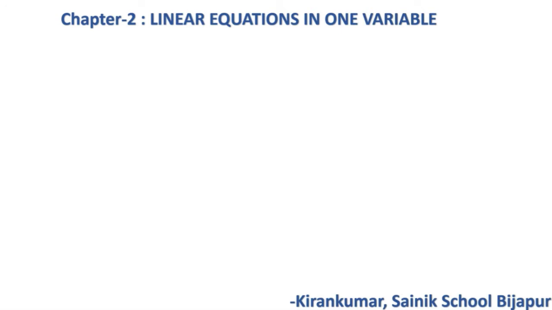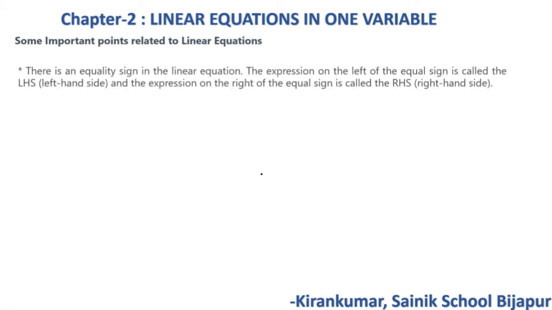Let us learn some important points related to linear equations. First one, there is an equality sign in the linear equation. The expression on the left of the equal sign is called the LHS, which is left hand side, and the expression on the right of the equal sign is called RHS, which is right hand side.